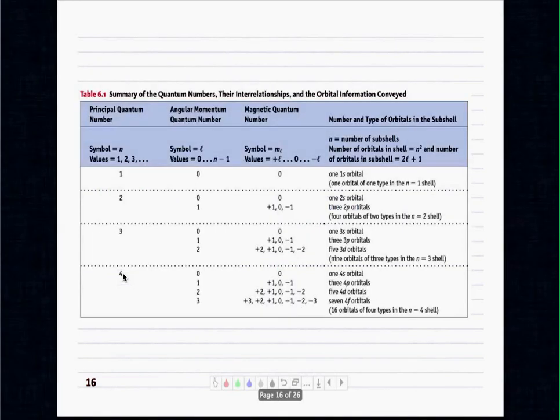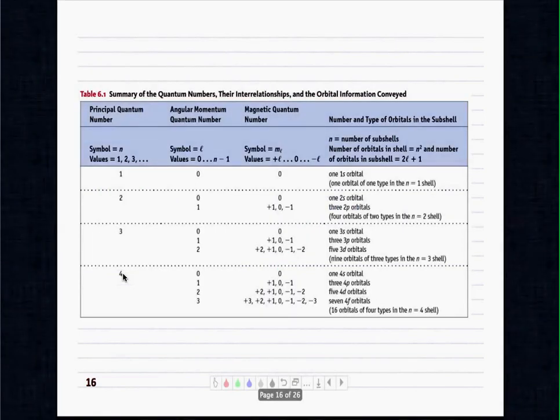So this table gives you all what I talked about a minute ago about ML. Now, we already talked about the equation to know how many orbitals there are in a subshell. What if I want to know how many orbitals are in n equals 3?